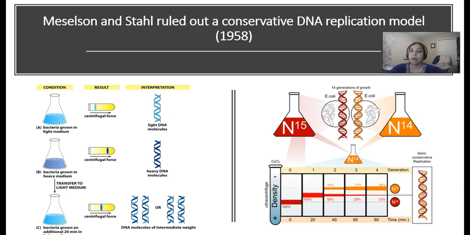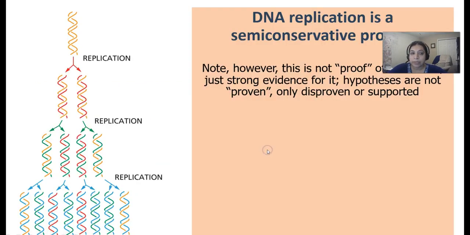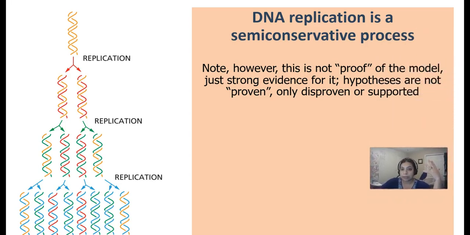You would have seen just a 50-50 ratio all throughout. And that wasn't the case. So through these experiments and more like it, they were able to identify that DNA replication is a semi-conservative process.